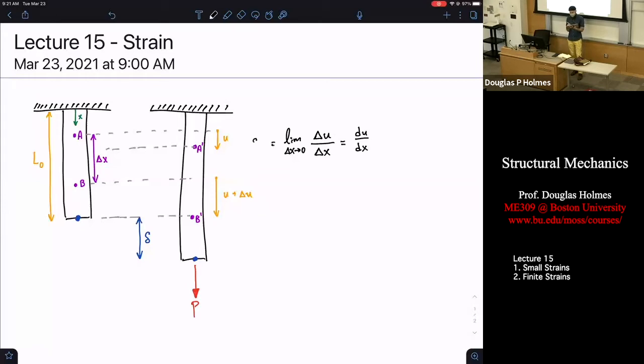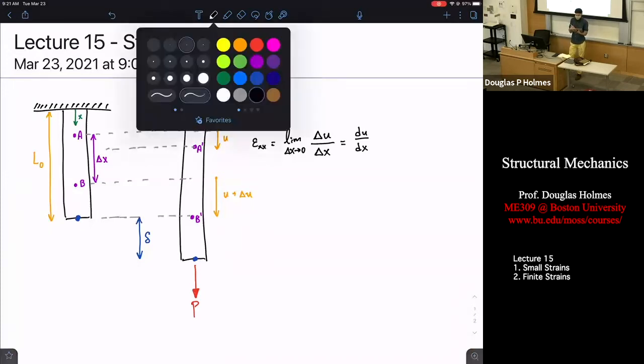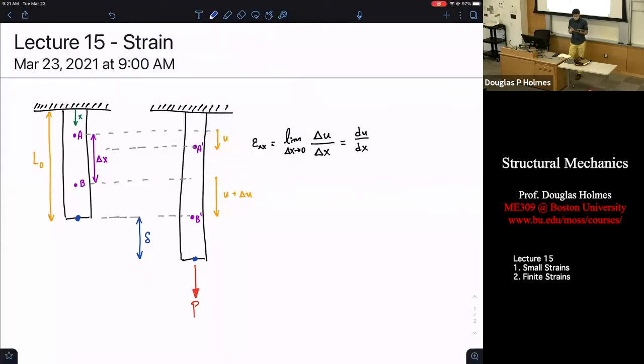And we can call that our strain in the X direction. More technically, what we would do is we would call this our strain at a point.